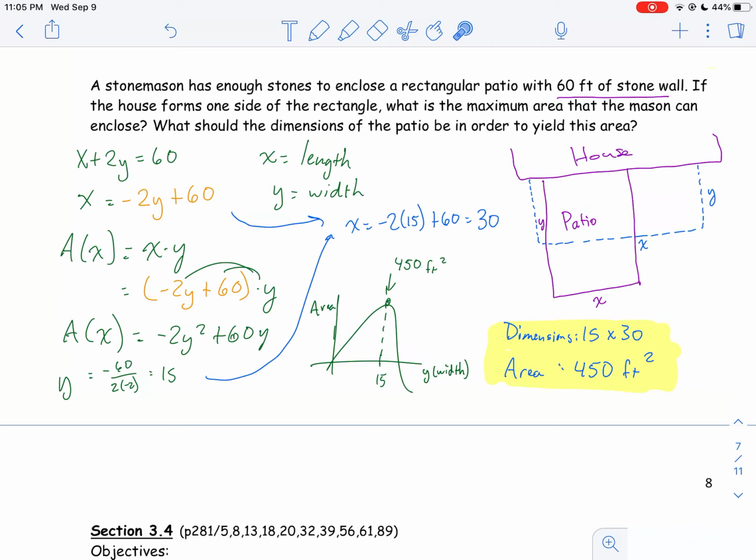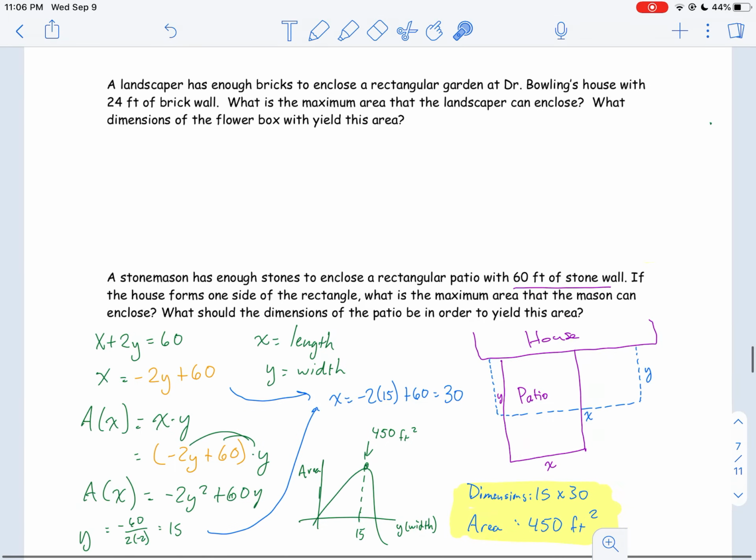When you do that, you want to find the maximum area. You can do that with a graph. You can also use the axis of symmetry formula, which is negative b over 2a. Either way, we find when the width is 15, the area is 450 square feet. The length then we can find by taking 60 minus 2 times 15, which is 30. So the dimensions are 15 by 30. The area is 450 square feet.